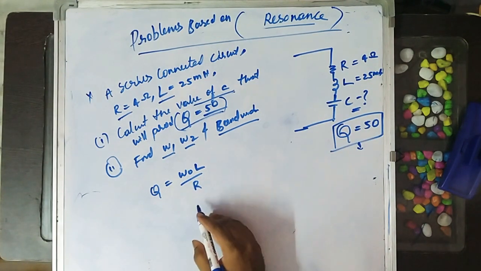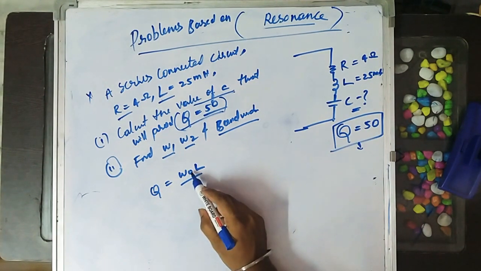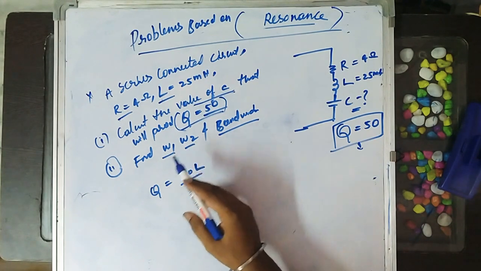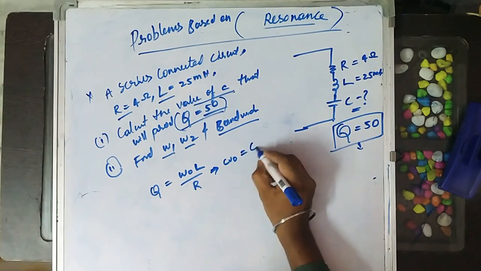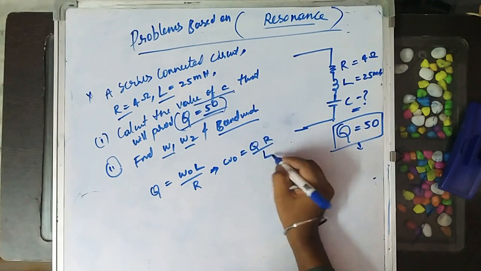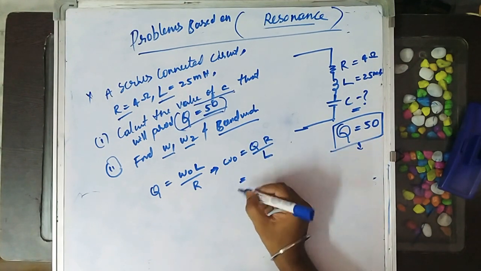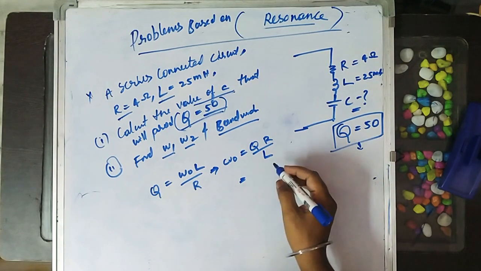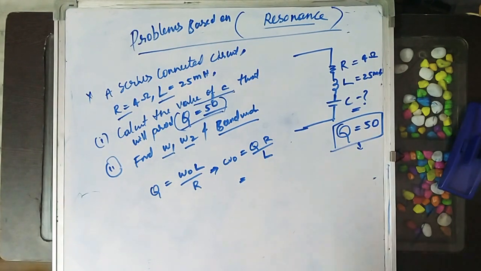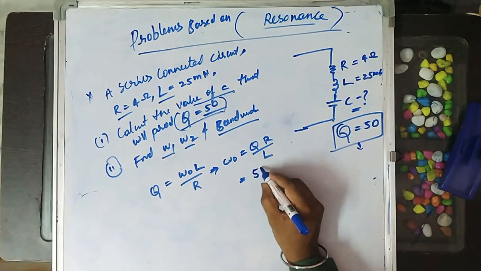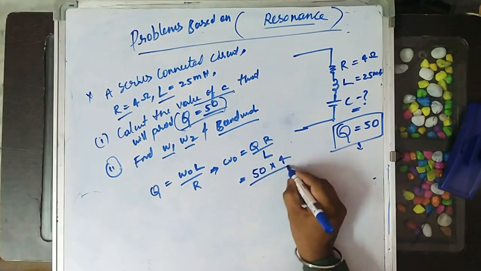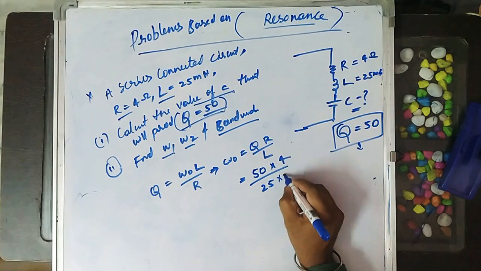So by this formula you can find the resonating frequency omega naught. We have L and C, so omega naught equals Q into R by L. Substitute these Q, R and L values: Q is 50, R is 4 and L is 25 millihenry.